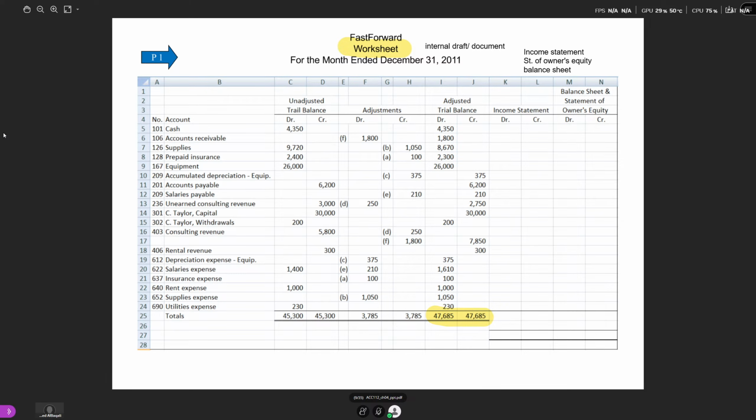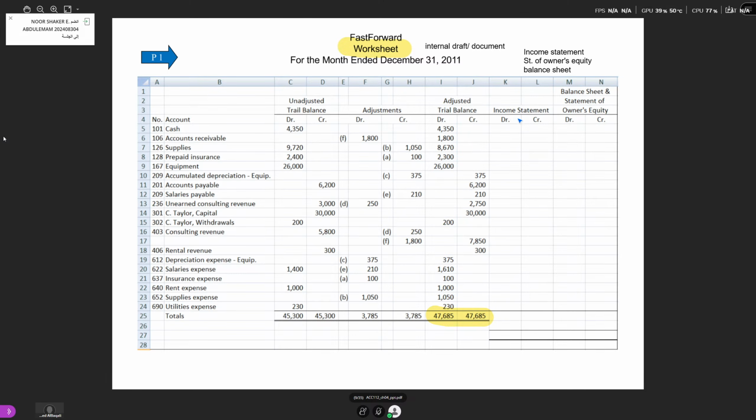So they will have certain columns dedicated for the income statement and other 2 columns for the balance sheet and the statement of owner's equity combined.